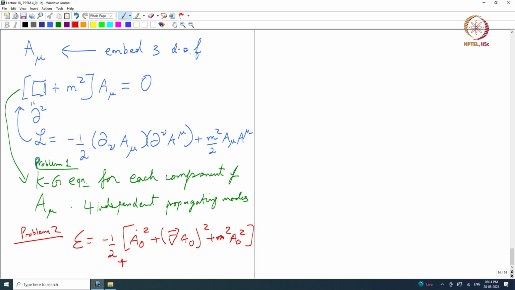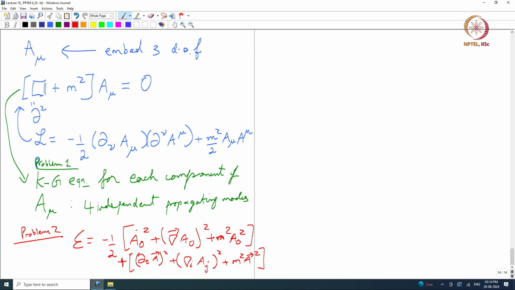That the first term is negative, it is potentially problematic, but you see as I write the second term, things become more clear. So now I am just picking out the spatial components in the second term, and I have this as my energy density.